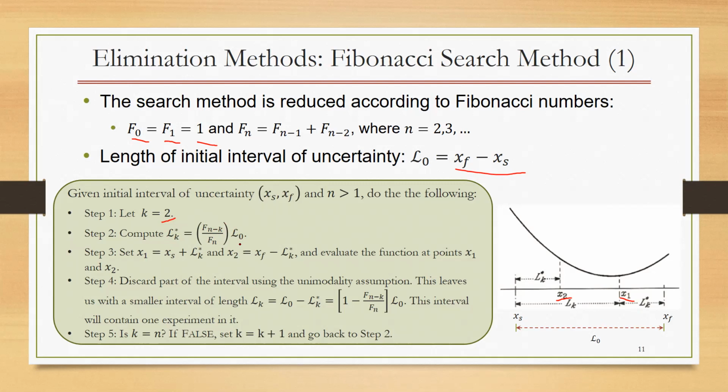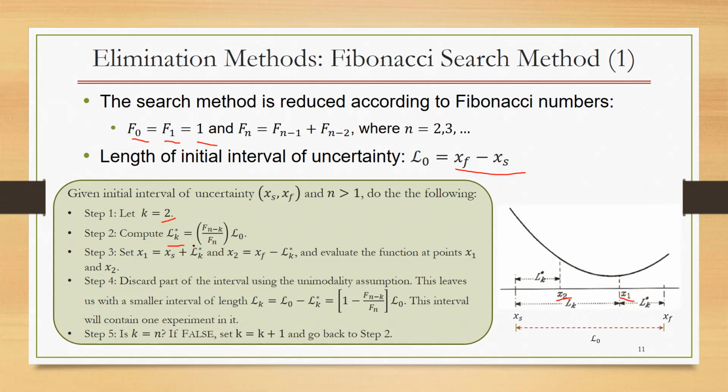So it is some portion of L naught. We add this L star k to the start: xs plus L star k gives us x2, and xf minus L star k gives us x1. So starting from the endpoints, we add and subtract this L star, and it gives us 2 points within this interval.